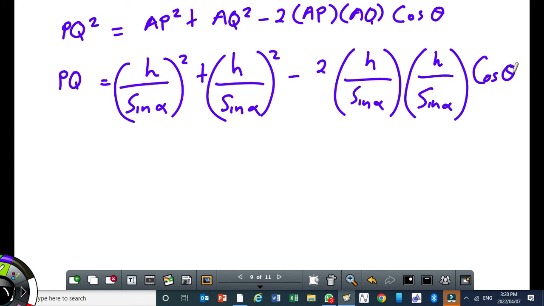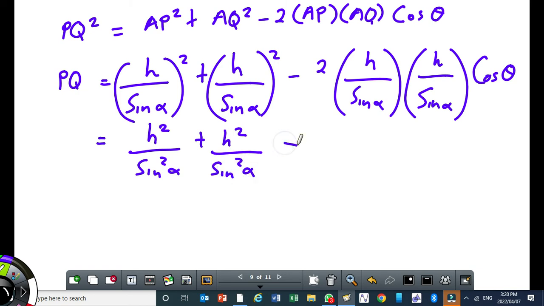I must be honest with you that your knowledge of algebra is very important to simplify it. So, to simplify it, we'll get h squared over sine squared alpha plus another h squared over sine squared alpha minus, here we multiply those two, we end up getting 2h squared over sine squared alpha times cos theta.